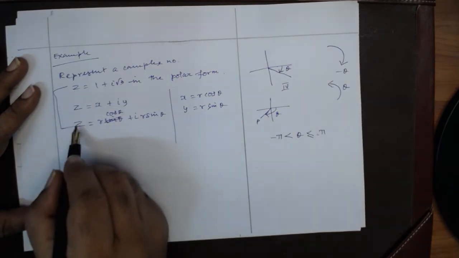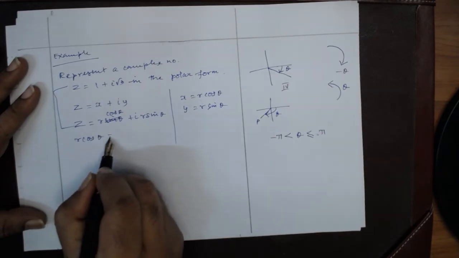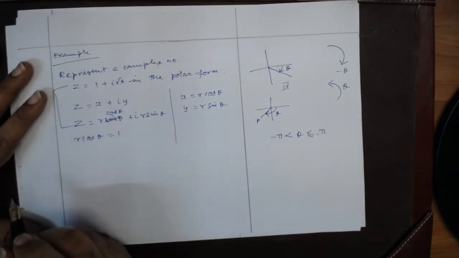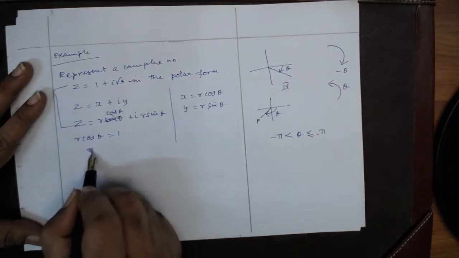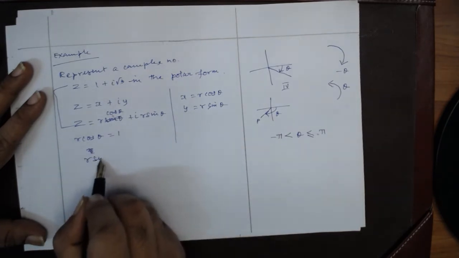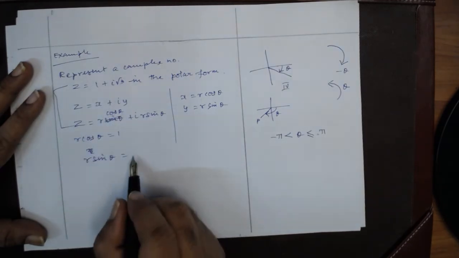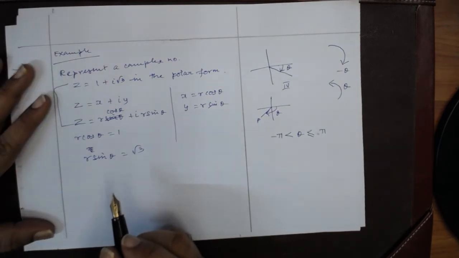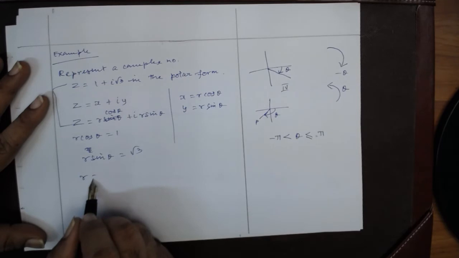When LHS are equal, RHS should be equal. Therefore r cos theta is equal to 1. And we can also take r sin theta. So what is r sin theta here? r sin theta is equal to root 3.